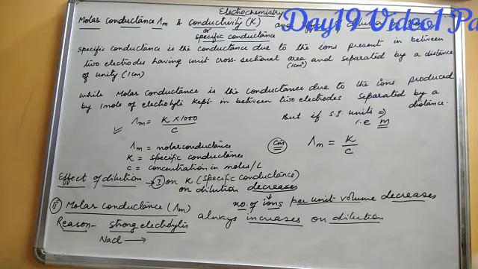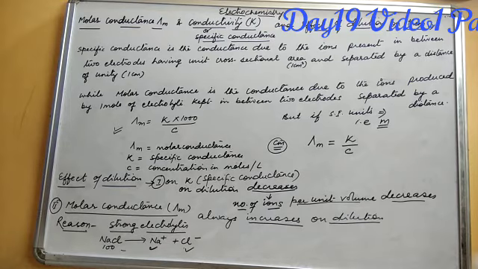If their solution is made, they 100% dissociate to give ions. It means if 100 molecules of NaCl are there, then 100 sodium ions and 100 chloride ions will be obtained. Completely dissociated into ions.